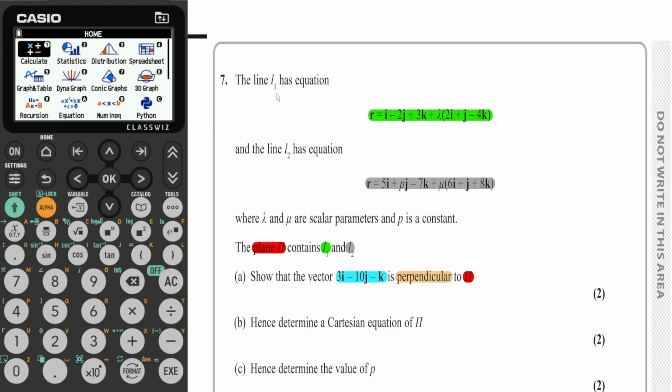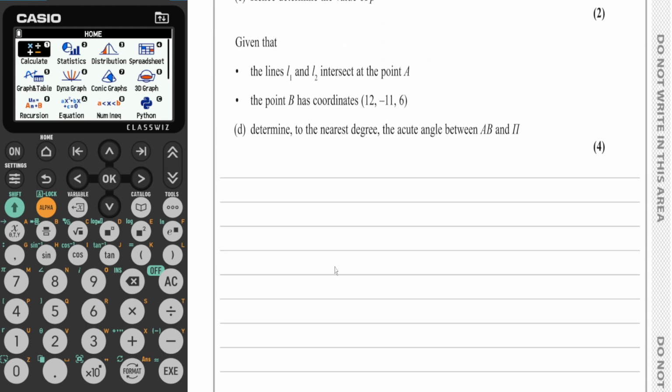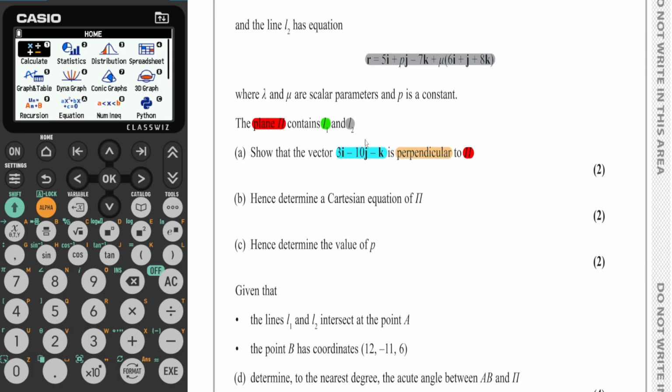We know what the equation of L1 is, and we know what the equation of L2 is. So we can state the direction vectors of L1 and L2, and we can state those to be n1, which is 2i plus j subtract 4k, and n2, 6i plus j plus 8k, respectively. Now what we need to do in this question is show that this vector 3i subtract 10j subtract k is perpendicular to pi.